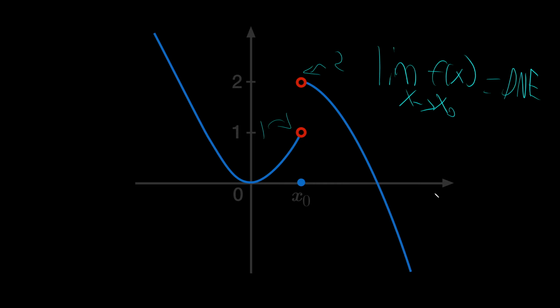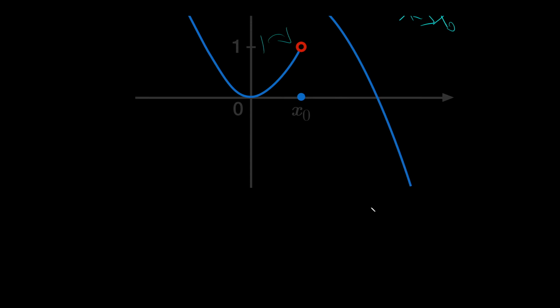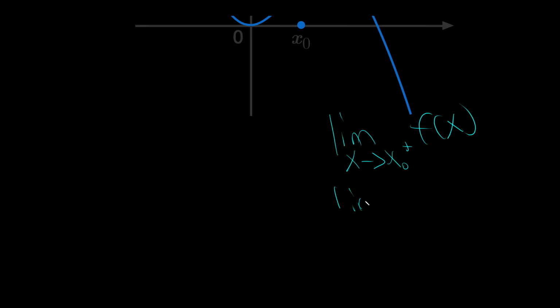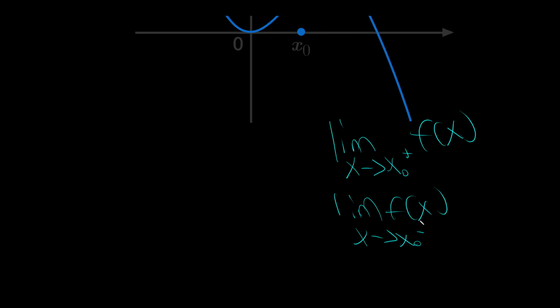But when we have one-sided limits, we'll have something like the limit as x approaches x sub 0 from the positive side of f of x, and the limit of f of x as x approaches x sub 0 from the negative side.